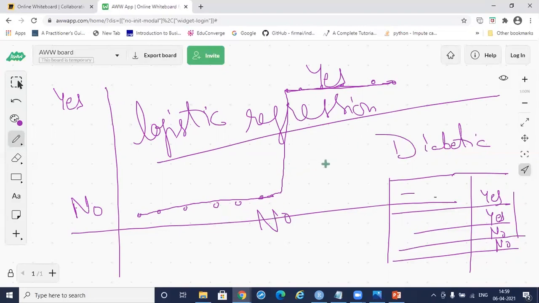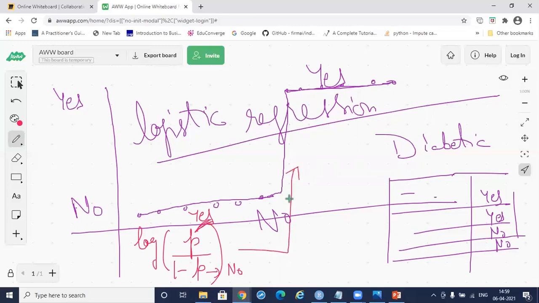Logistic regression is represented by this equation: log of P over 1 minus P. Here P is the probability of having yes data, and 1 minus P is the probability of no data. This is the basic equation underlying the mathematical model for logistic regression.